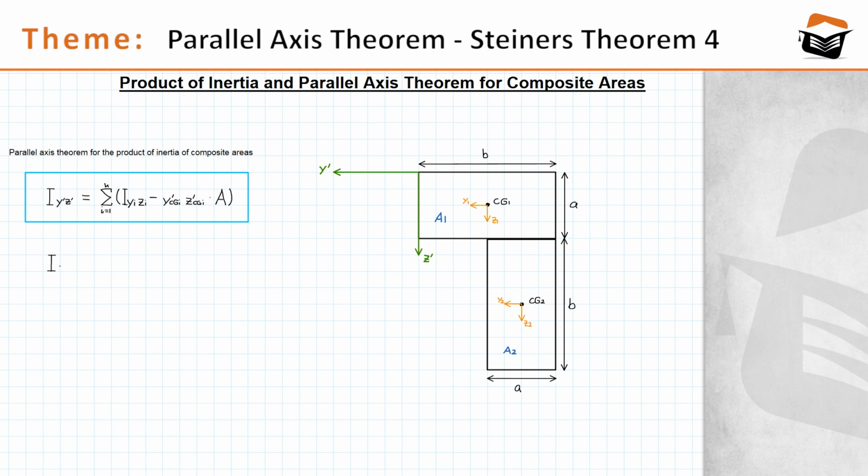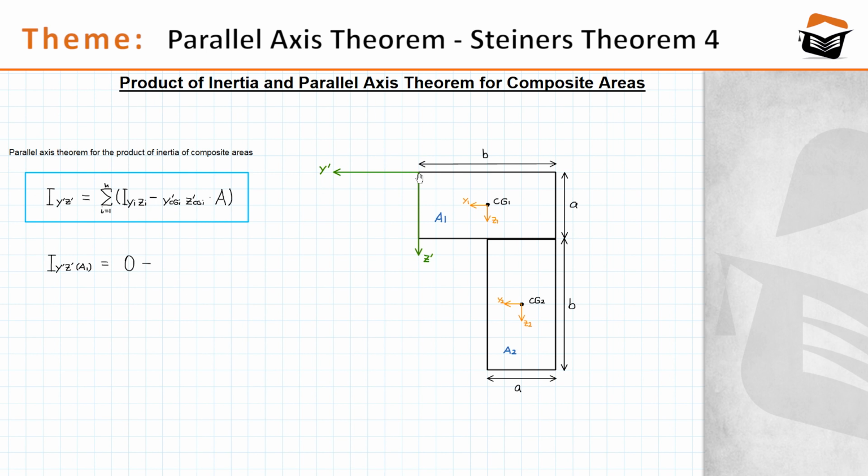And let me write down I sub y prime z prime. That is the product of inertia with respect to the y prime z prime axes of the area A1, the upper rectangle. I sub yz, as I mentioned, is 0, and y sub cg prime is the y prime distance between the origin of the reference coordinate system and the centroid of area A1.